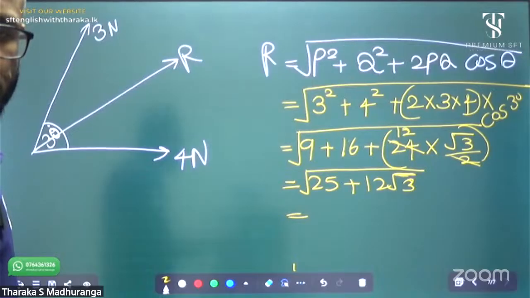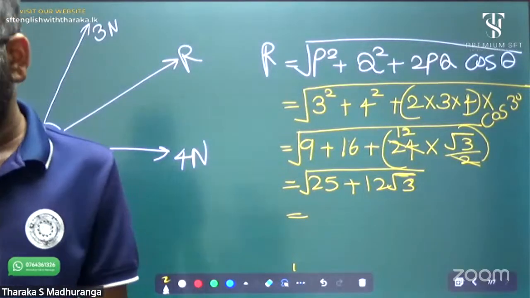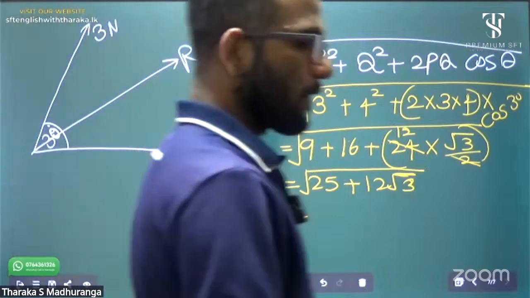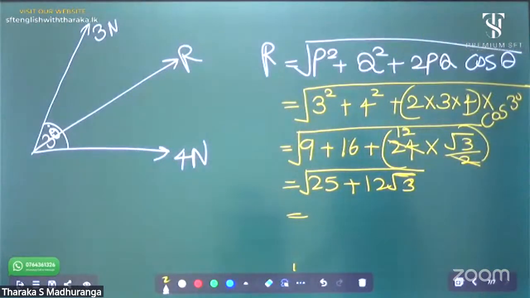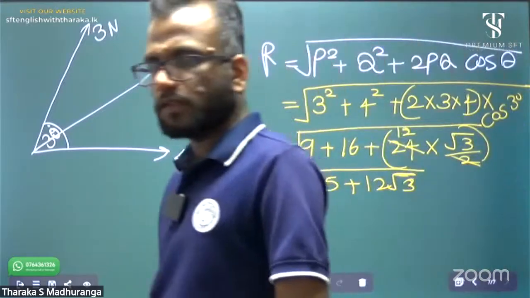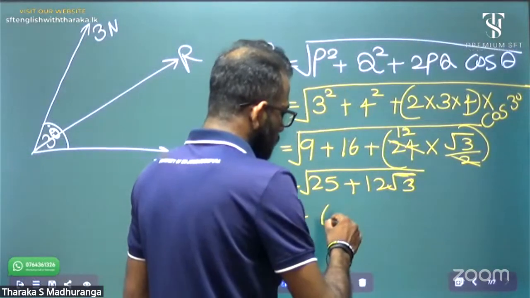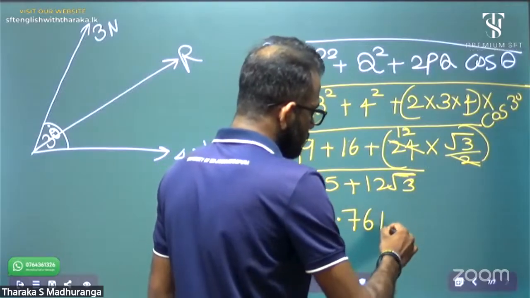What is this value? 6.7, right? 6.76. 6.76 Newton.